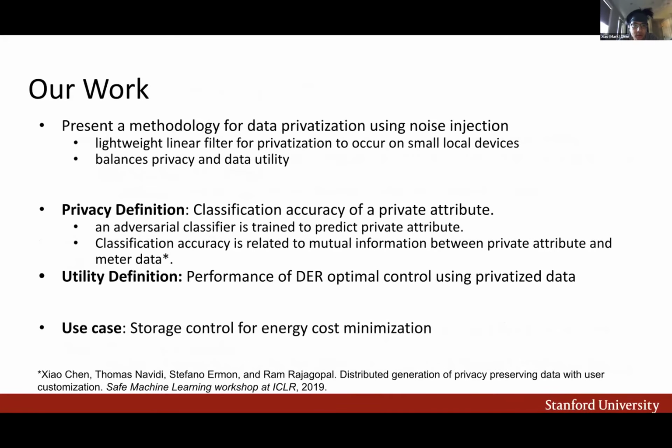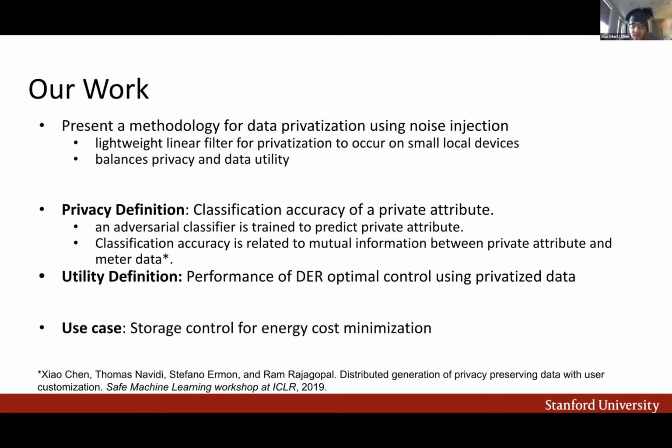So in our work, we present a methodology for data privatization using noise injection, which can be considered a variant of differential privacy, but they are slightly different. We incorporate a very lightweight linear filter for the privatization to occur at the local device level. And we try to balance privacy and data utility and investigate the trade-off between them.